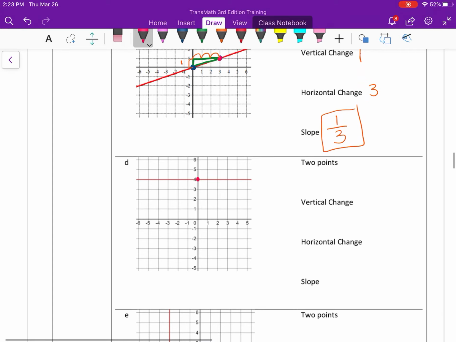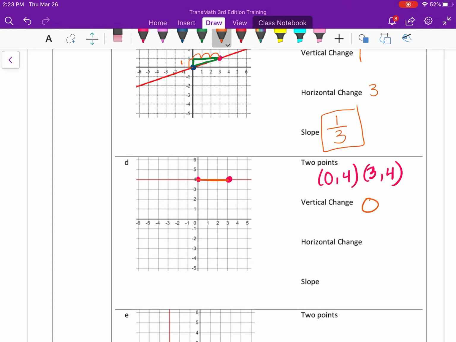All right, in D, we have the point, maybe the point 0, 4. And then how about the point 4, 4? Or, I don't want to confuse you with too many 4s. How about the point 3, 4? Notice that since these lie on the same, the y coordinates are the same, this is a horizontal line.